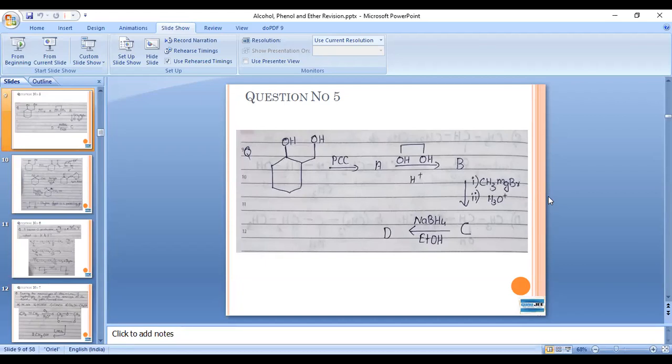In the examination hall, you cannot find a straight answer because you have to do it systematically. Otherwise, there's a chance that you might go wrong at one of the steps and it will give you a negative mark. So while dealing with this type of question, please be extra careful.